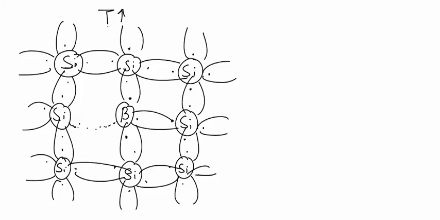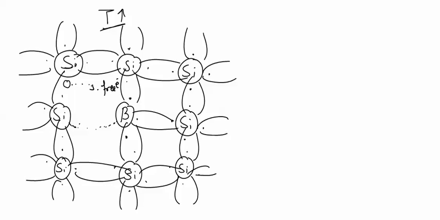Now, if we increase the temperature, energy will be supplied to the electrons in the material. Suppose this electron breaks the covalent bond, the deficiency of electron here will be represented with a hole, and this electron will be called a free electron.